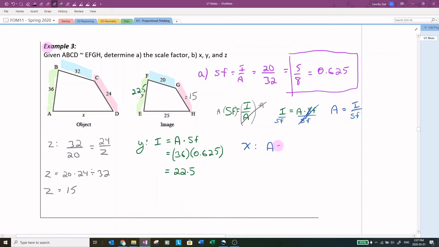So the actual dimension is going to be the image divided by the scale factor. So our image size for that length is 25. We divide that by 0.625, and that gets me an answer of 40. So this is 40. And again, that seems quite reasonable.